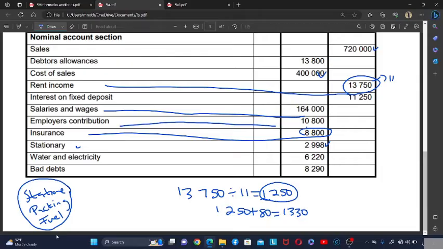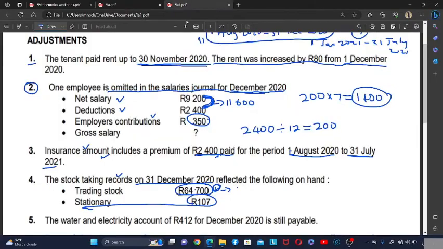But then at the end of the financial year, if it is found that some of them are still remaining or some of them are on hand, because that is the same thing. If we are told that they are on hand, it means that it's the remaining one. So we can no longer treat them as expenses because they are the remaining ones.